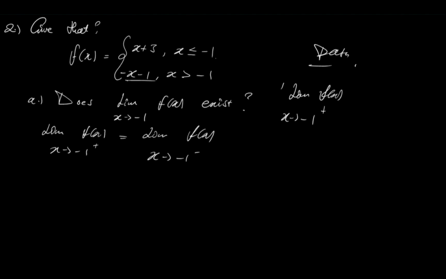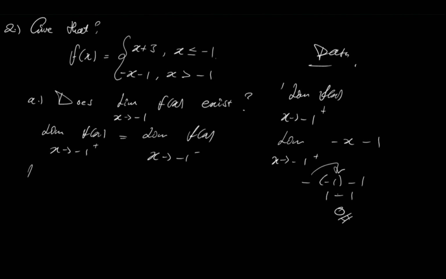So it's function number 2. We have the limit as x approaches negative 1 from the positive hand side, so we get function number 2, negative x minus 1. Then we evaluate: minus of minus 1 minus 1. Negative times negative, you get a positive, minus 1, in the end you get 0.